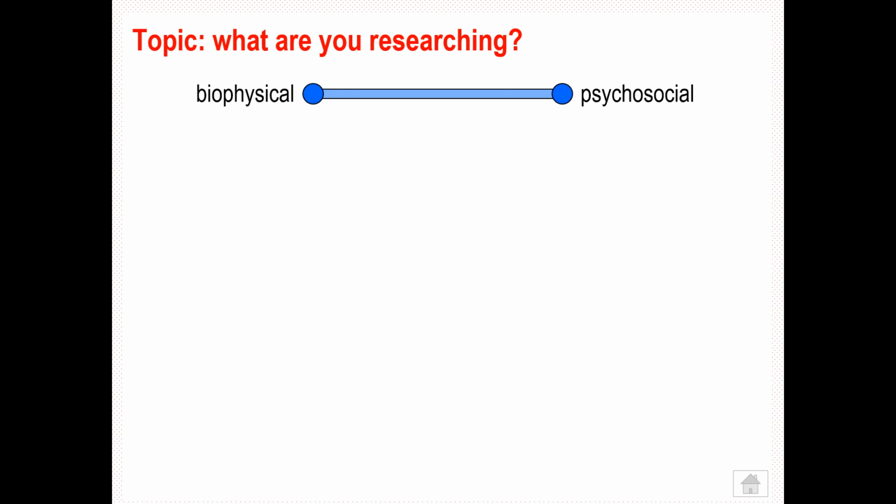So, by selecting the research topic, normally the field of the research lies between the biophysical and the psychosocial. We have a variety of fields. They can start from biophysicals, and in between we can have a lot more fields, depending upon the specific problems and the particular institutions.